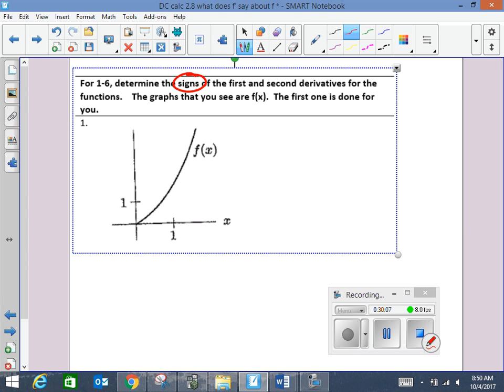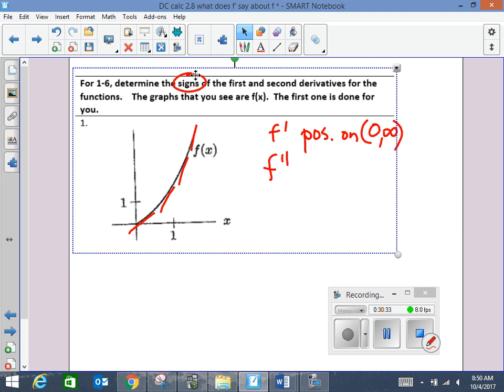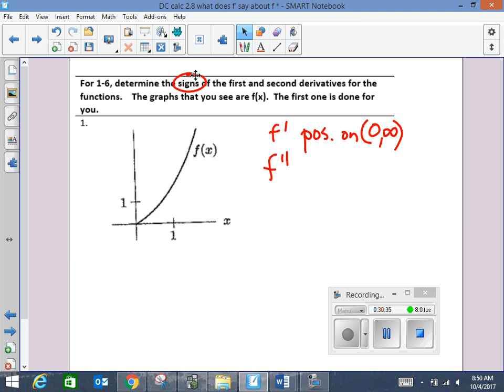So F prime. What do you know about F prime? These are the tangent lines. Let me just draw a few in here. What do you know about them? They're all positive. So what's F prime for the whole works? Positive. And really it only starts at 0 to infinity. What about F double prime? What are we looking at as far as F goes?